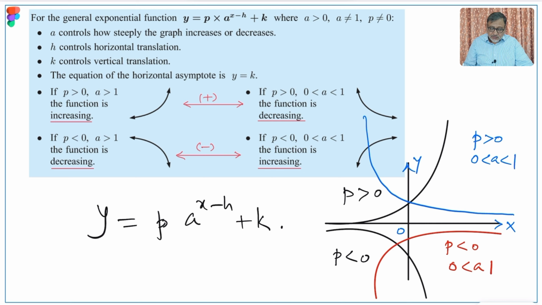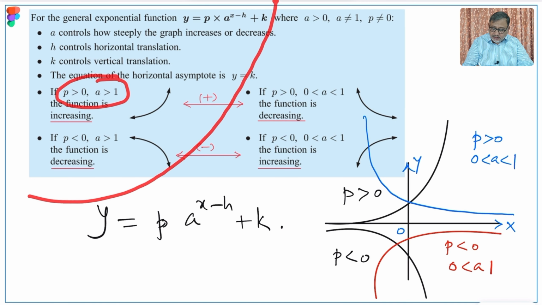So these are the 4 graphs. I hope you will remember it. Basically when a is greater than 1, you get a growth graph. When the coefficient of the exponential function is positive and the base a is greater than 1, you get a growth graph which goes like this.